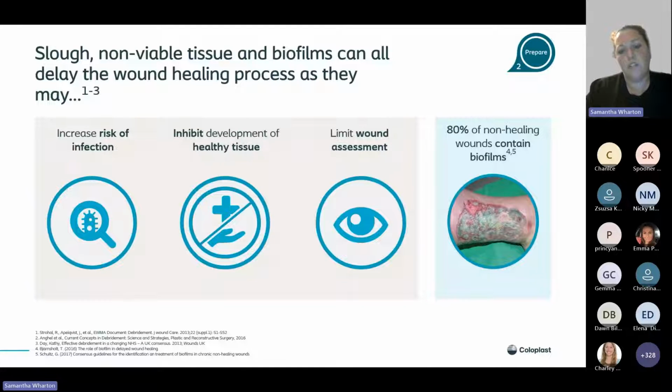So when you're thinking of your pressure ulcers, for example, if you're not able to visualize to what depth the damage is, it may change your treatment plan depending on what category of damage you've got present. So it's really important that we are able to remove and prepare that wound to optimize wound healing.